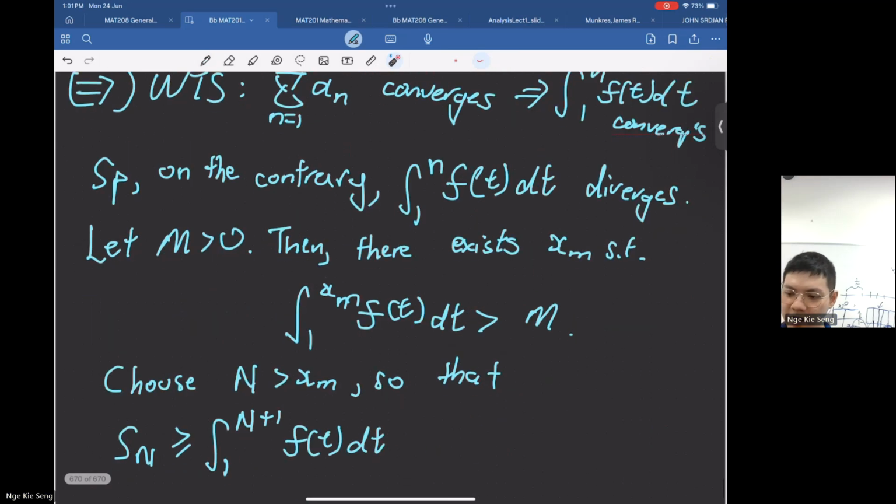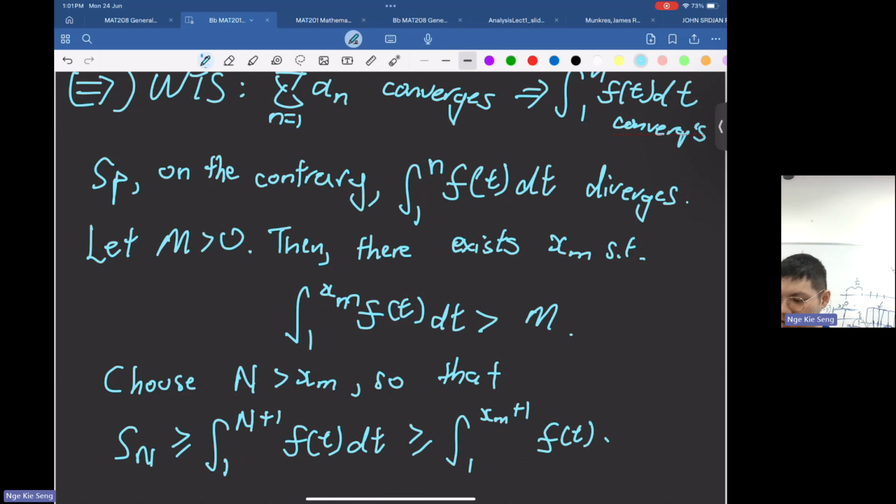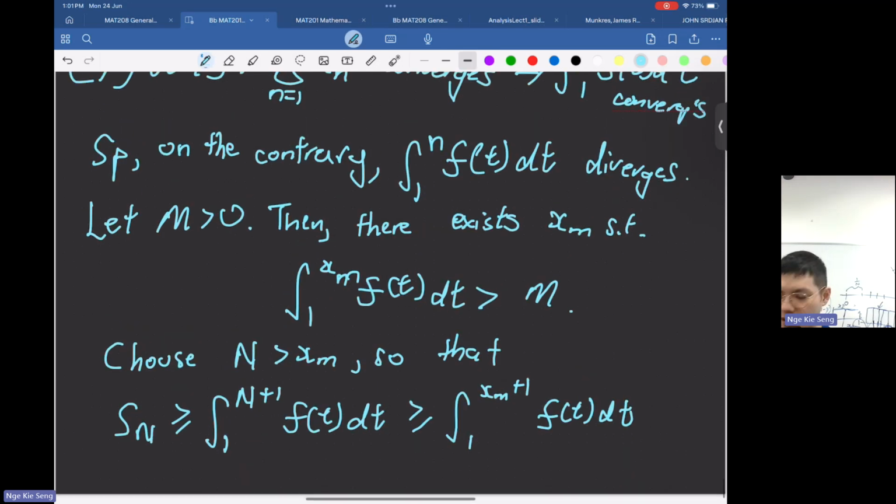And then this integral should be greater or equal to the integral from 1 to xm plus 1, because we pick n to be a point beyond xm. And obviously, this is greater than the integral from 1 to xm of f(t). So this number is greater than m by assumption.